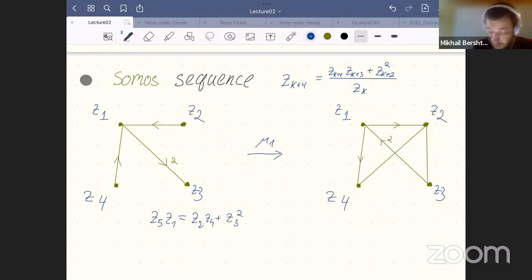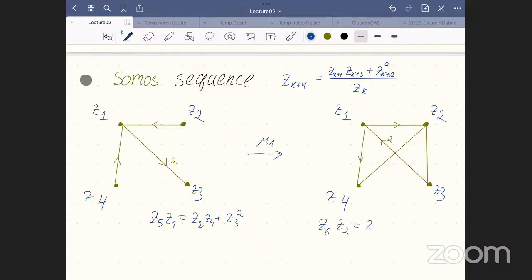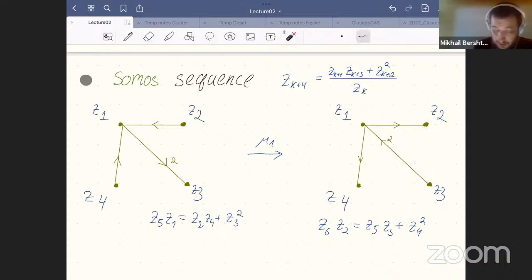And now the next recursion is the following: this Z6 times Z2 is equal to... I think that the diagonal between Z2 and Z4 does not exist now, and there is the diagonal between Z3 and Z4. I mean, these two lines we don't know.